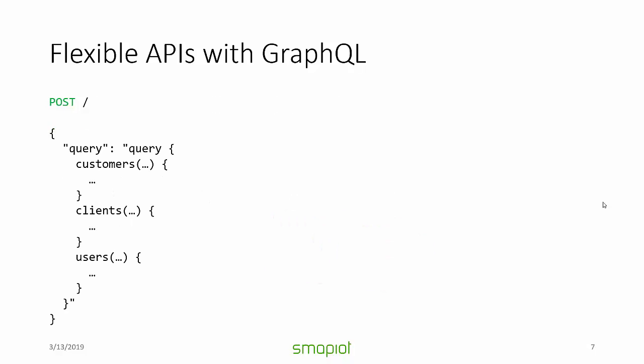Let's look at another example. We just saw I want to get our customers. What if there are two more things? Let's say I also want to get some clients and users. Well, in GraphQL I can write that. And here you see my query does not only request customers with potential parameters, but also clients and users.